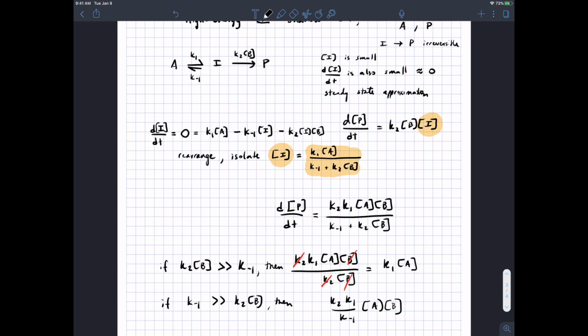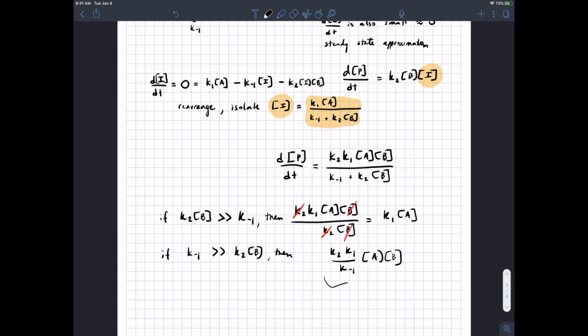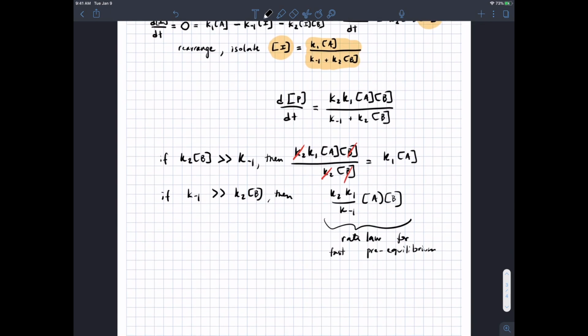So what Kim is saying is this is actually the rate law for a fast pre-equilibrium. And in fact, that's K2 times equilibrium constant for the first step, right? Times A times B. All right. Cool.